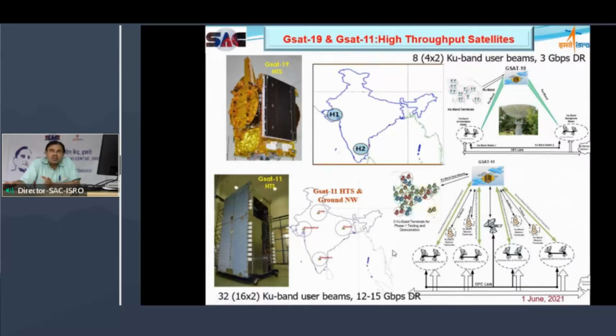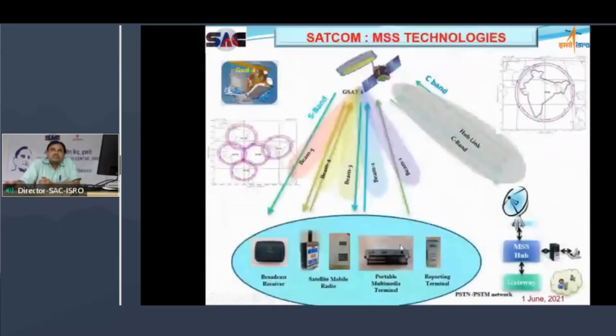As I said, the communication happens in different beams. And this is another category of satellite, which relates to your mobile phones, smartphones. This is something similar to your smartphones, but using satellite technology. All of you know, whenever you go from one place to another, many times you lose network connectivity.